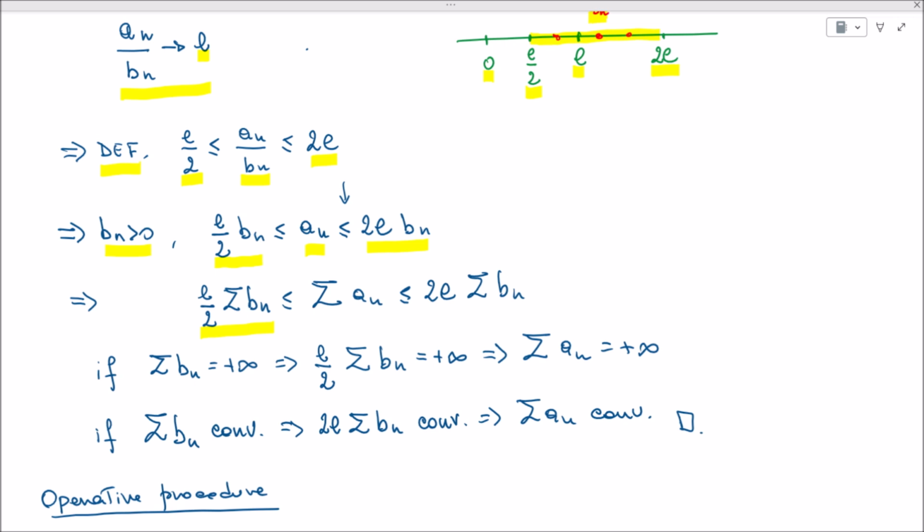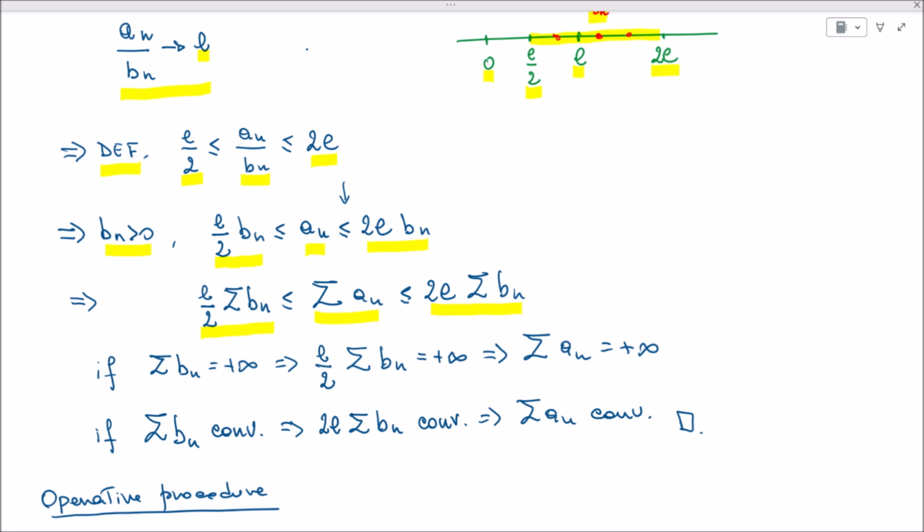And this is less than or equal to the sum of An less than or equal to 2L times the sum of Bn. We did the same trick. We just have taken 2L out of the sum. So this is still valid.